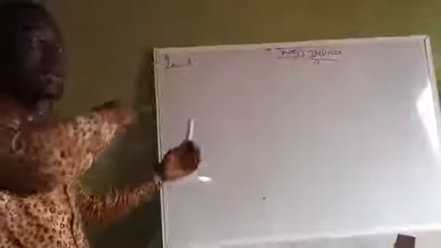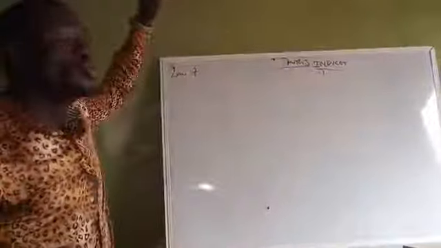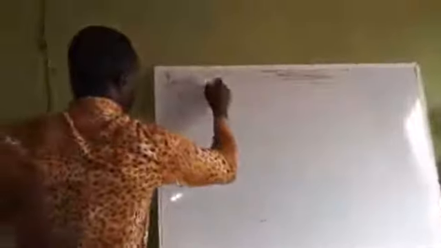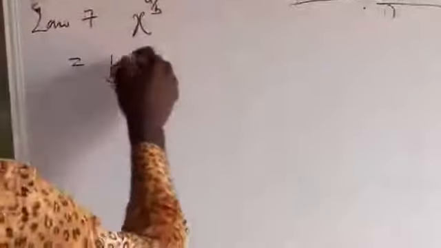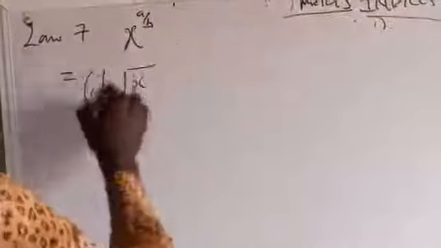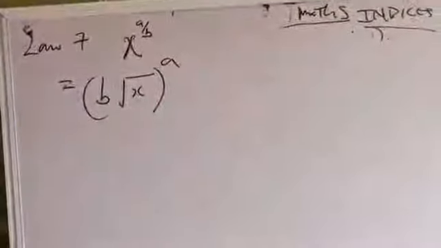We are using the same thing, but here the numerator of the power is no longer 1. Now we are talking of x raised by a over b. Now, the denominator here is what? Is b. So we have b root x, all bracket of a.